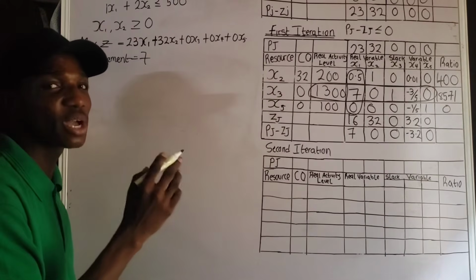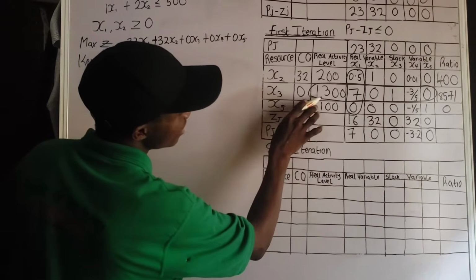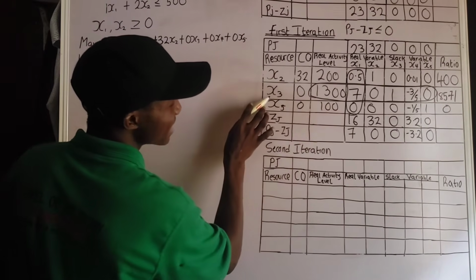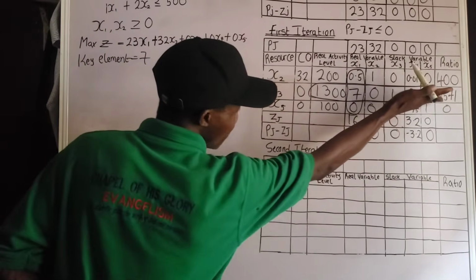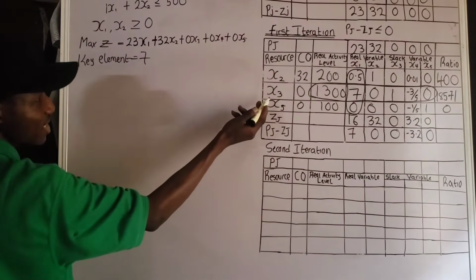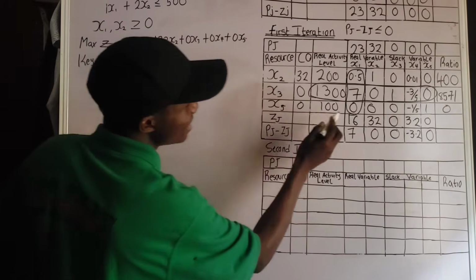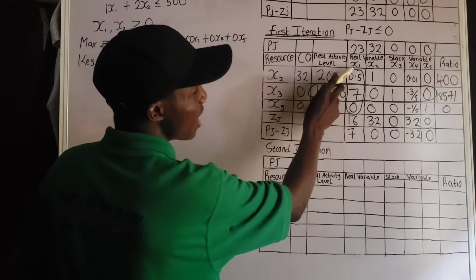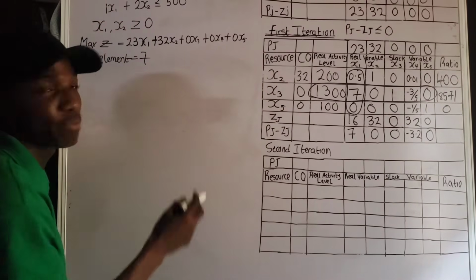The variable which the key row points to is what? X3. So x3 will be leaving this program variable. And the variable which the key column points to is what? X1. So x1 will be entering and x3 will be leaving the program variable.